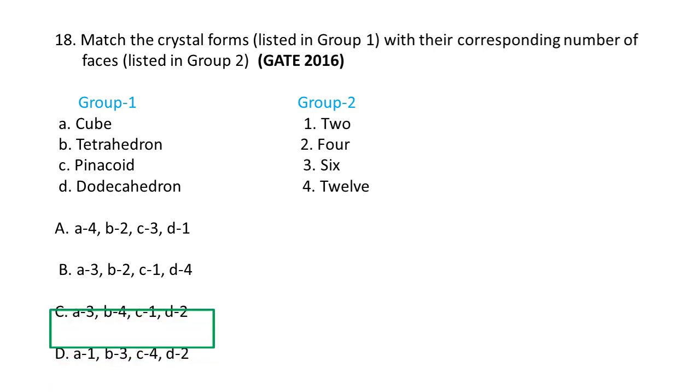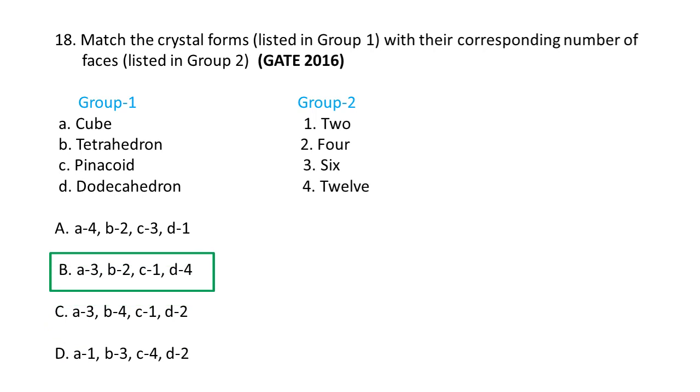From this the correct option is B. Cube has 6 faces, tetrahedron has 4 faces, pinacoid has 2 faces, and dodecahedron has 12 faces. So that's why B is the correct option.